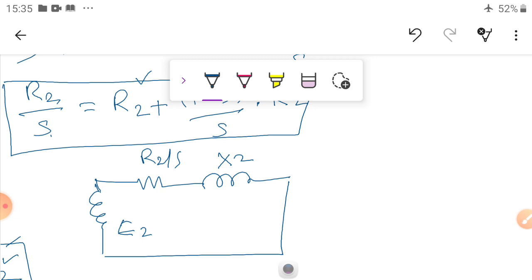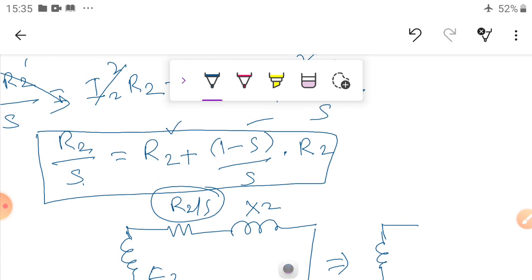I can write R2 by S in terms of some resistance R2.